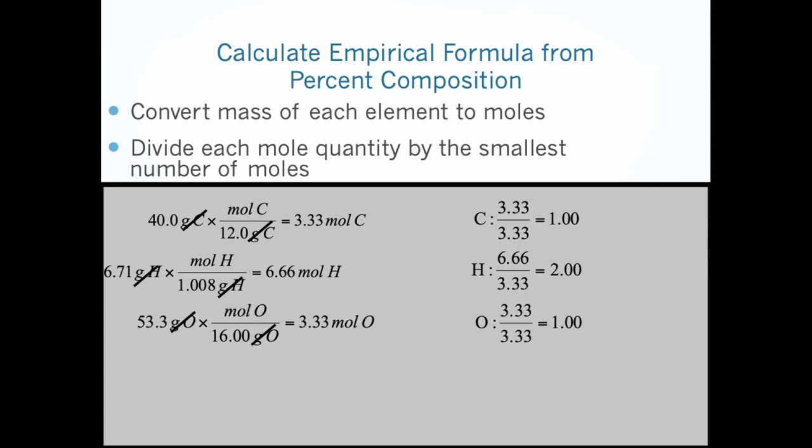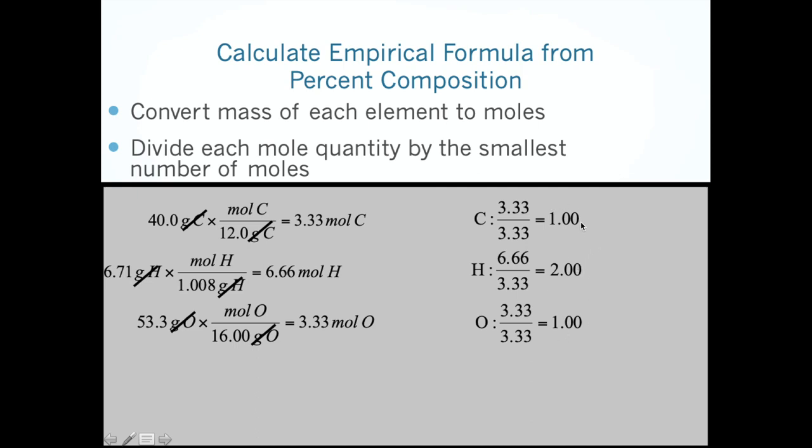So for example, if you get a number that ends with 0.5, if you double everything, that will then get you whole numbers. Hopefully you shouldn't have to worry too much about odd cases like that. I think in Chem 103, most of the examples you're going to see are going to be pretty straightforward like this, where doing that math trick, dividing everything by the smallest number, you should hopefully get a whole number ratio.